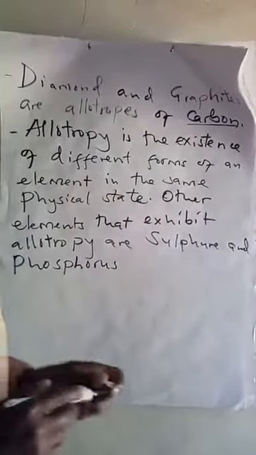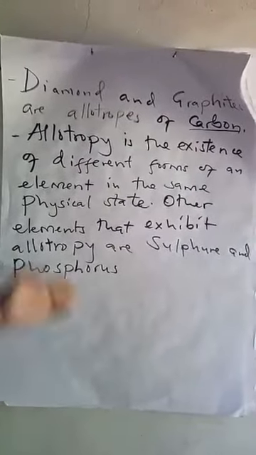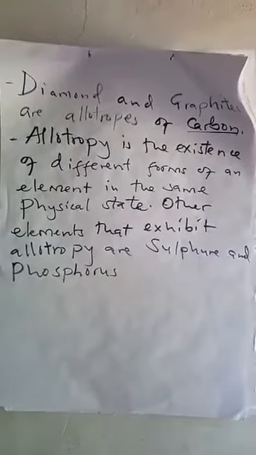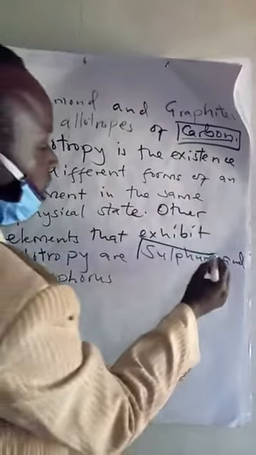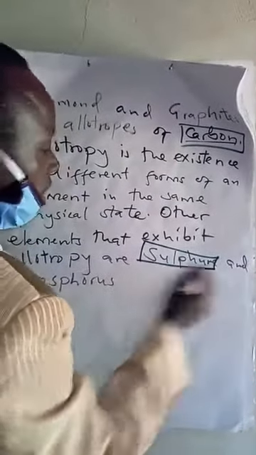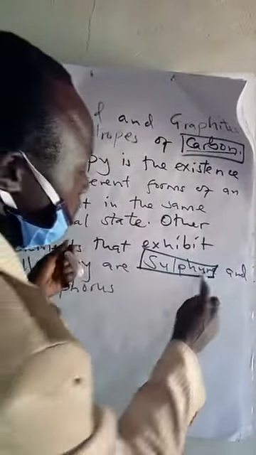So we have three elements that exhibit allotropy: carbon, sulfur, and phosphorus.